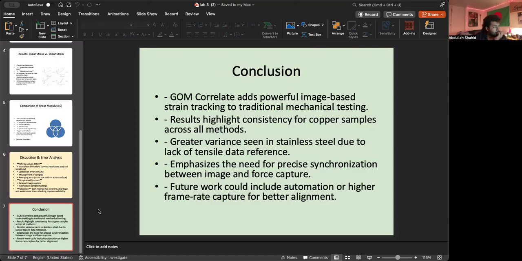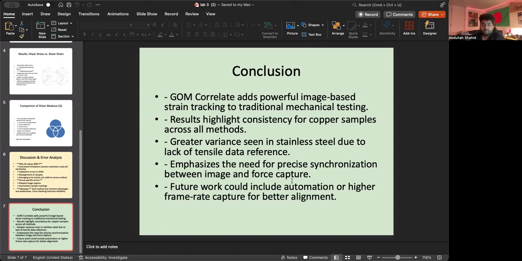Lastly, to conclude, GOM Correlate offers a valuable optical measurement method that complements traditional displacement-based strain calculations. For copper, results across all methods were consistent, but stainless steel showed greater variance due to missing tensile reference data, because I wasn't able to get it.